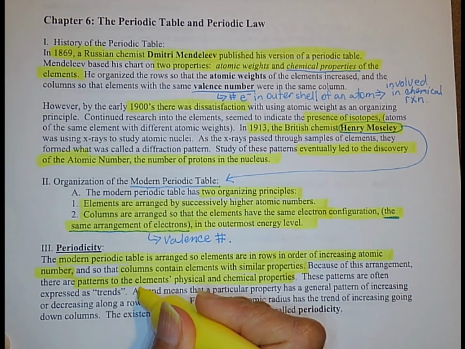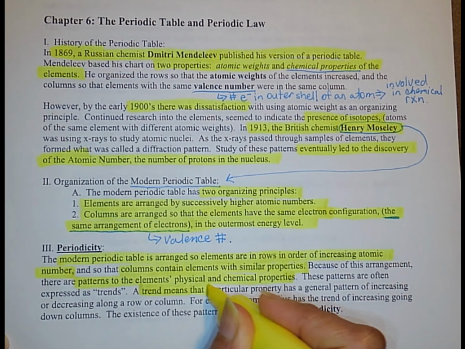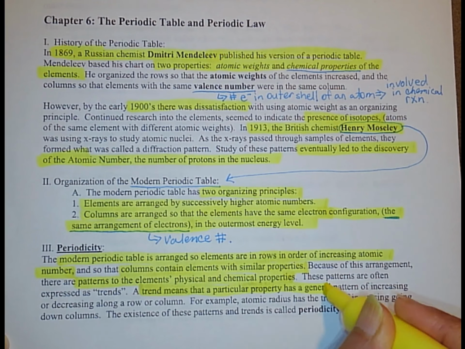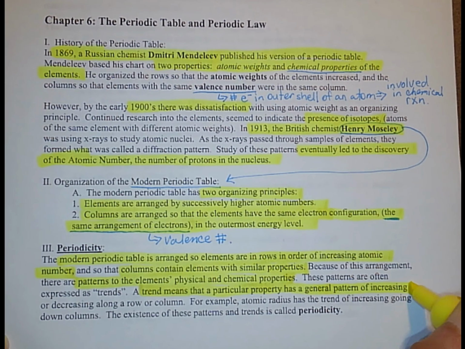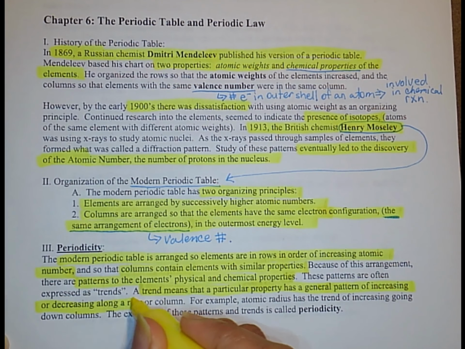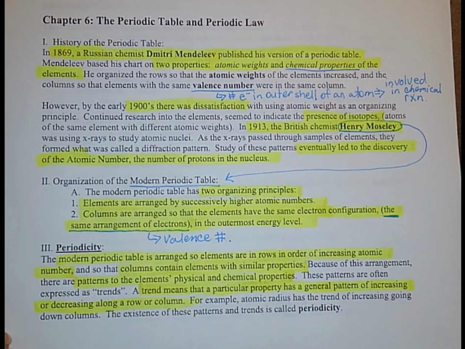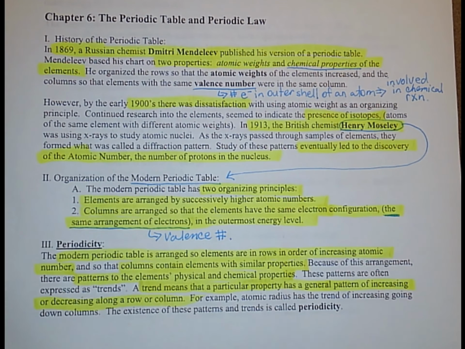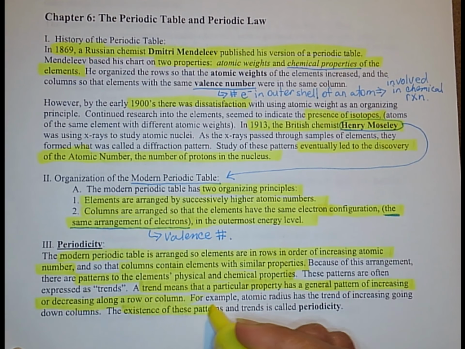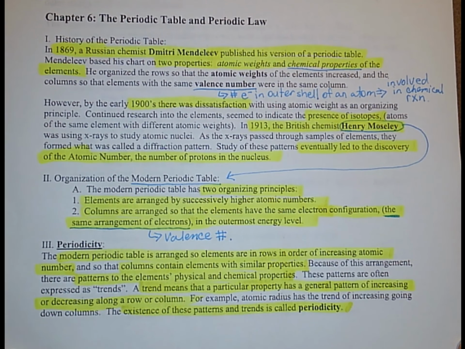So what does a trend mean? A trend means that a particular property has a general pattern of increasing or decreasing along a row or a column. In your periodic table, the existence of these patterns and trends is called periodicity.